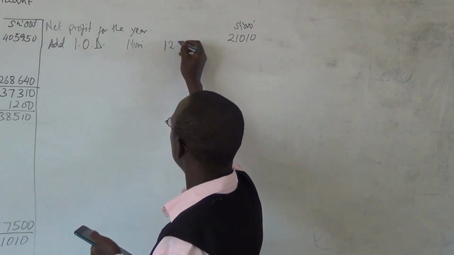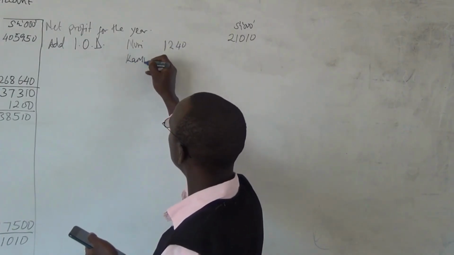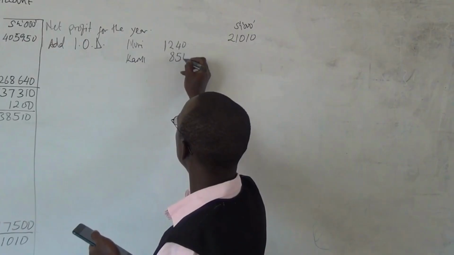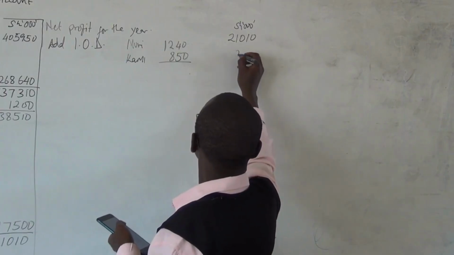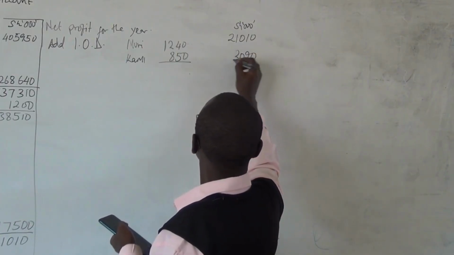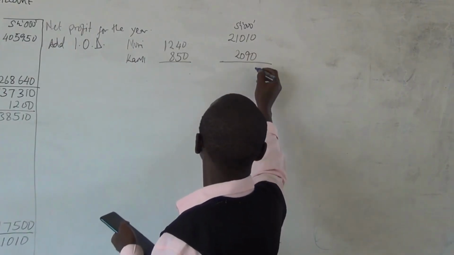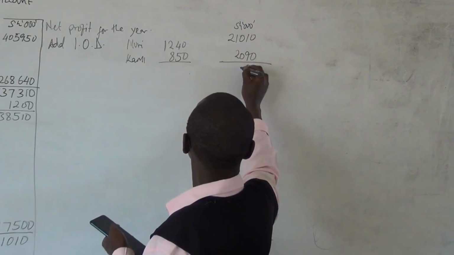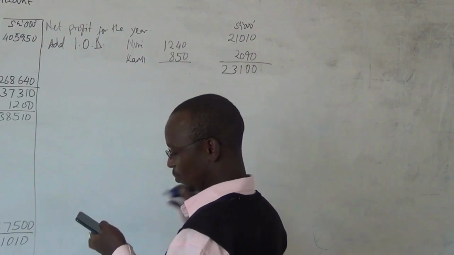For Muri, 1,240. And Kami, 850. You add, you get 2,090.